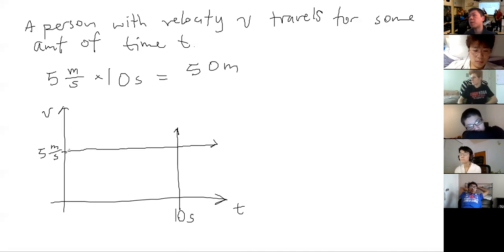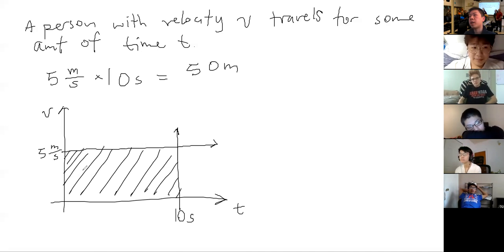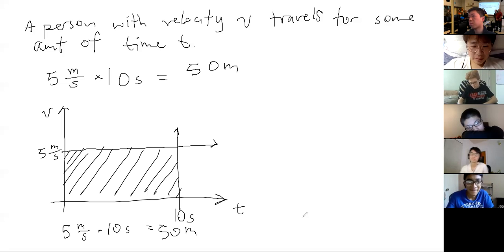So what's really happening is we're taking the area of this rectangle, 5 meters per second times 10 seconds, and we get 50 meters.